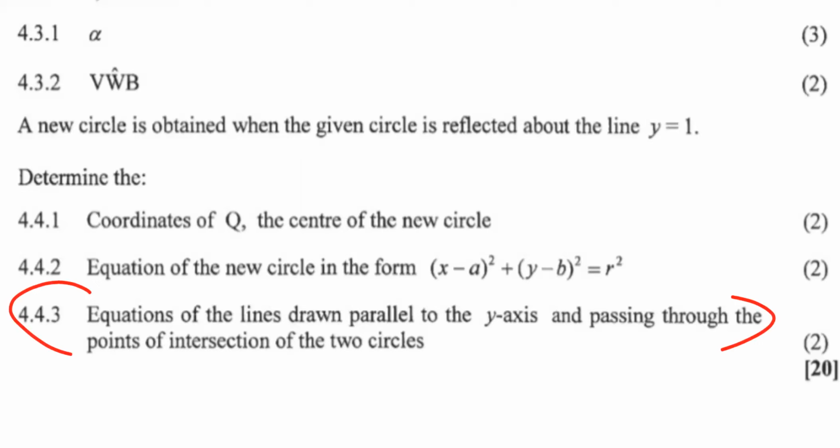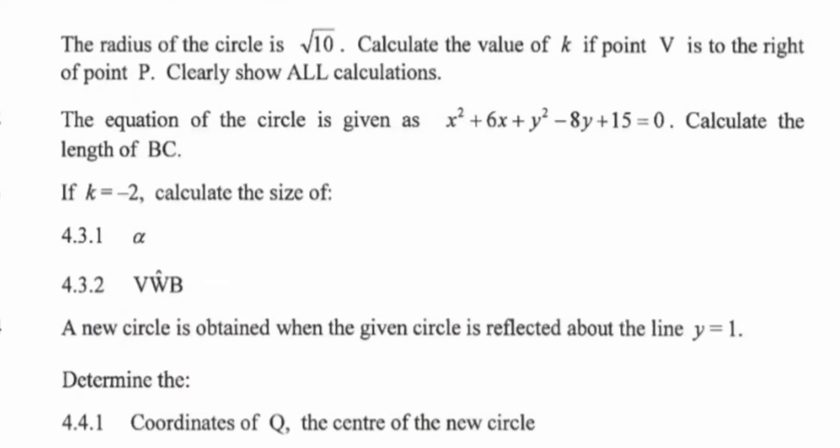Determine the equations of the lines drawn parallel to the y-axis and passing through the points of intersection of the 2 circles. Okay, got it. 2 marks for this answer.